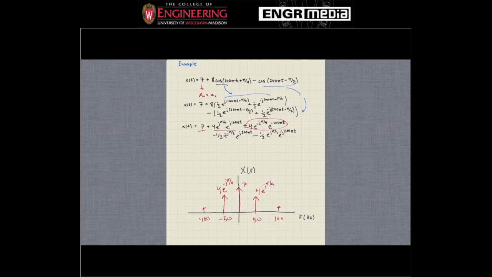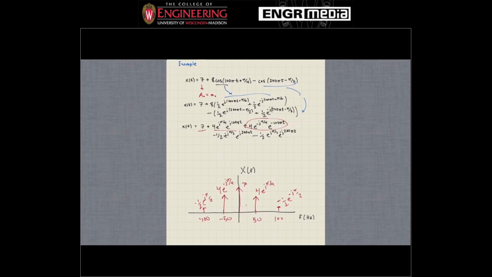The value here is minus 1/2 e to the j pi over 2, and here, the positive frequency is minus 1/2 e to the minus j pi over 2.